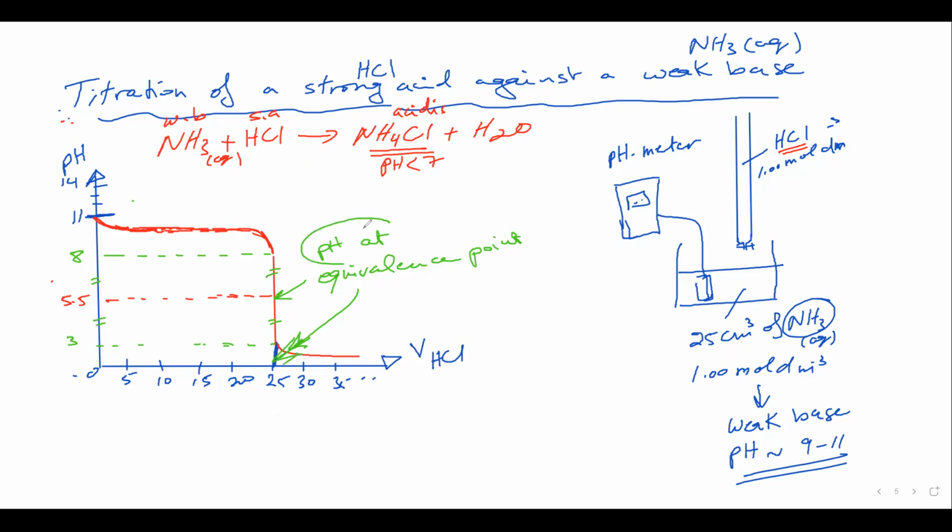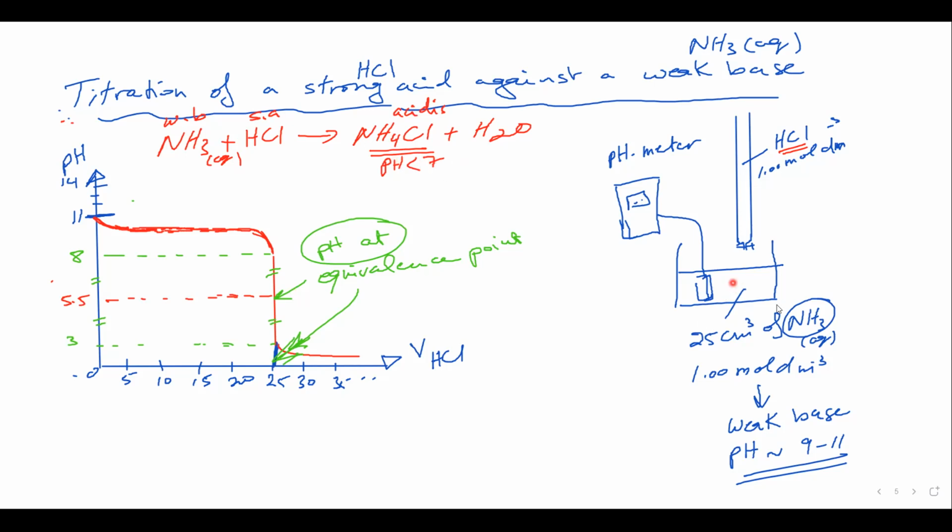But this is the pH at the equivalence point. It means when you reach the equivalence point where all the ammonia has reacted with the HCl, when you measure the pH, it's going to be 5.5. It's not going to be 7 because now there is an acidic salt present in the solution.